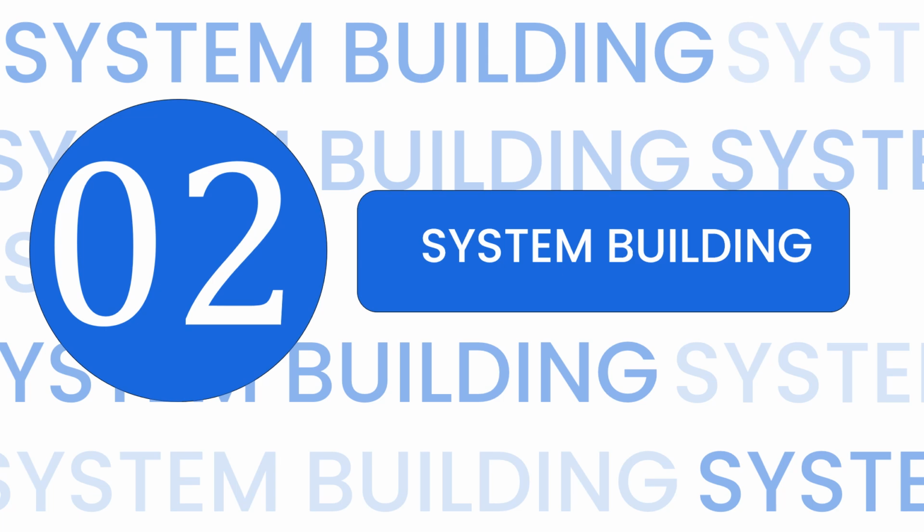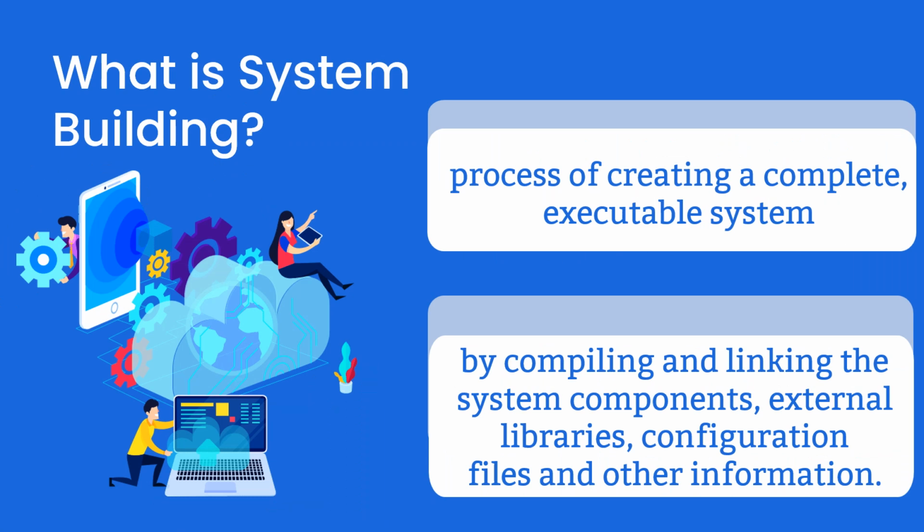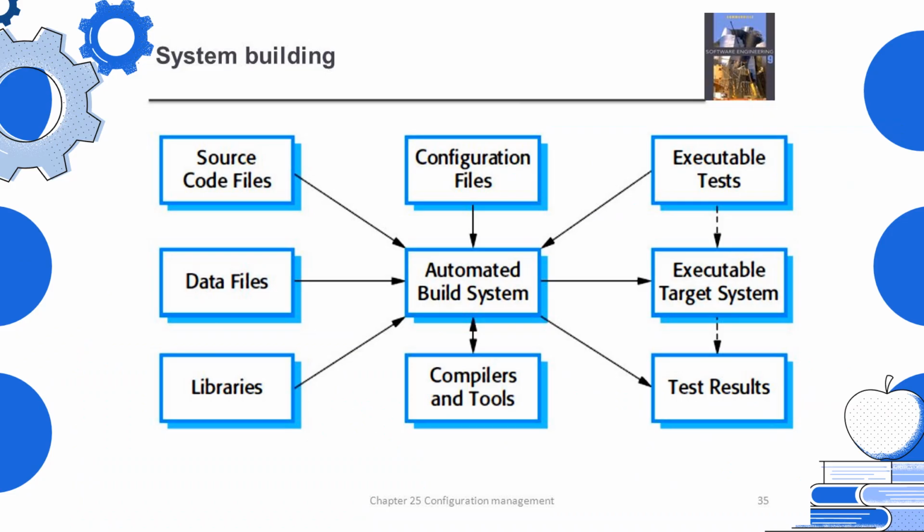The second topic we are going to cover under configuration management is system building. What is system building? It is the process of creating a complete executable system by compiling and linking the system components, external libraries, configuration files, and other information. This is a diagram of system building.